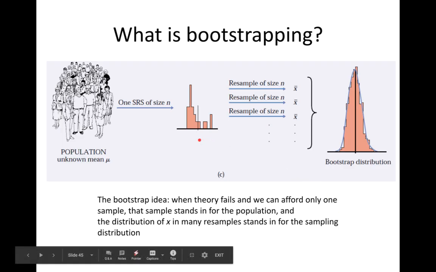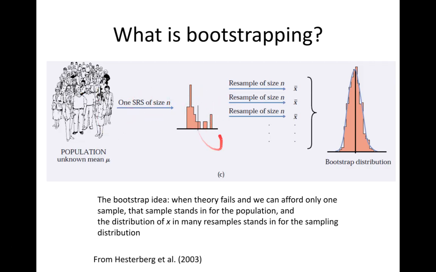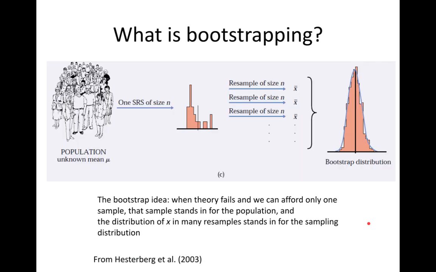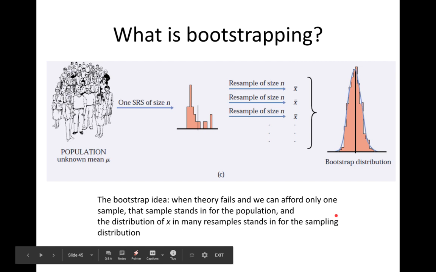In this case, we've drawn one simple random sample of size n. But you can resample that same little sample over and over, and you get a bootstrap distribution. So you're essentially artificially creating the sampling distribution and correcting for possible violations of assumptions.